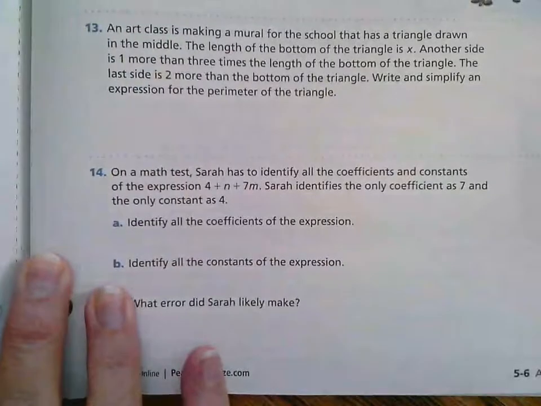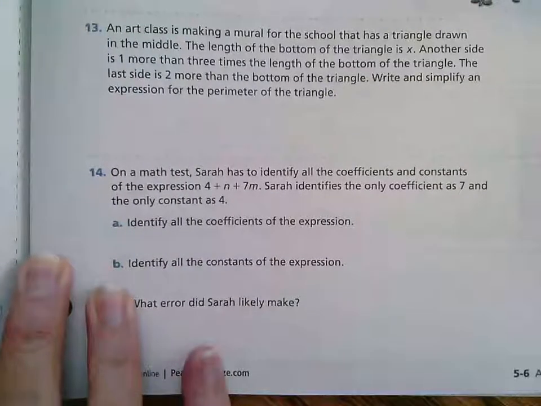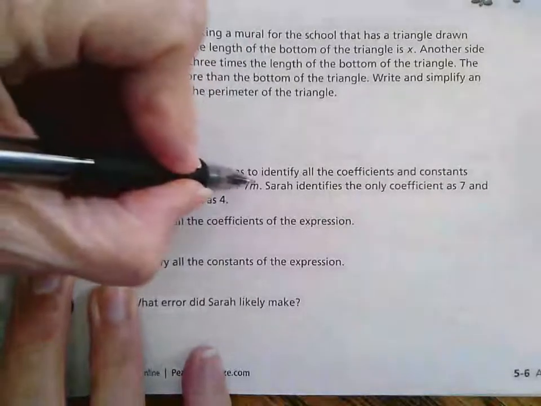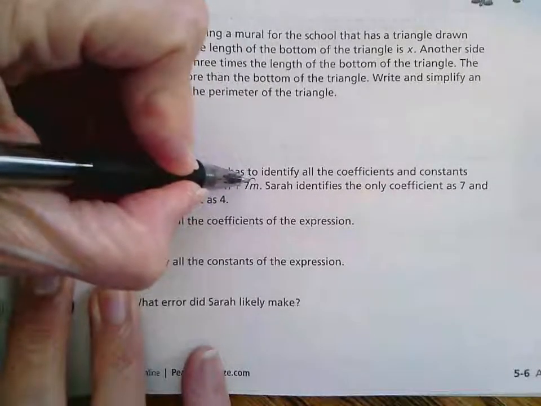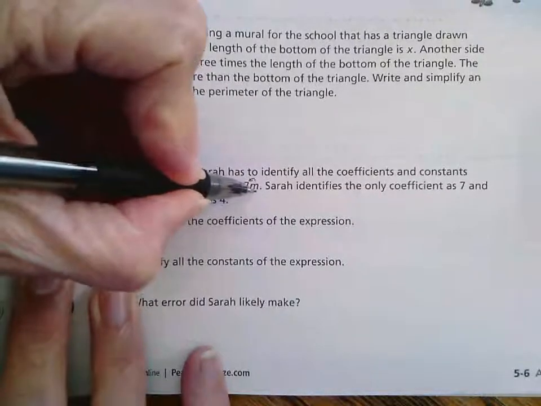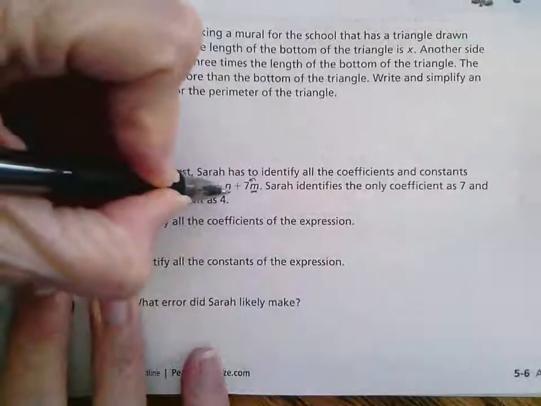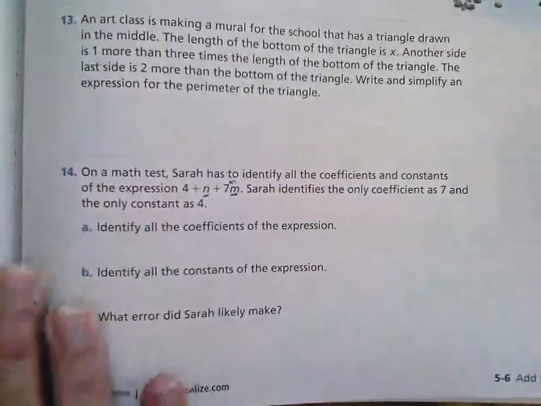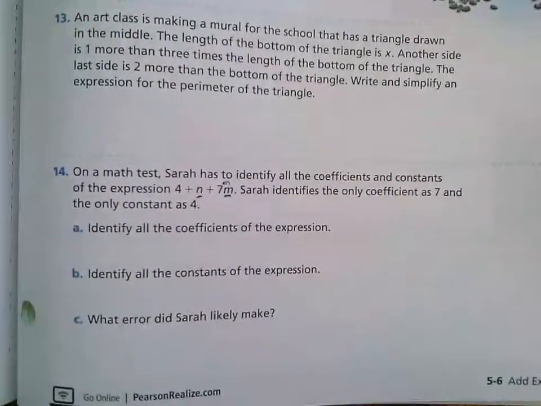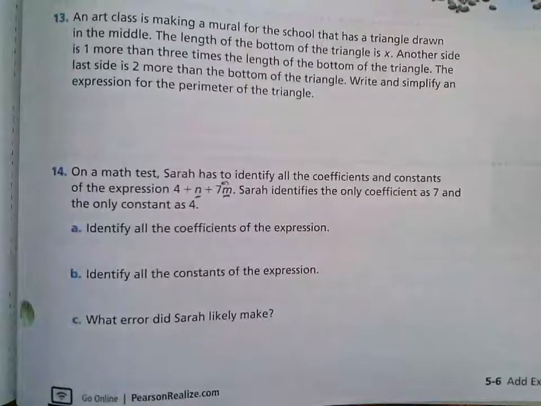So on this one, we want to remember that coefficients come in front of variables. So we have a variable right here, and we have a variable right here. Variables are the letters that we have.